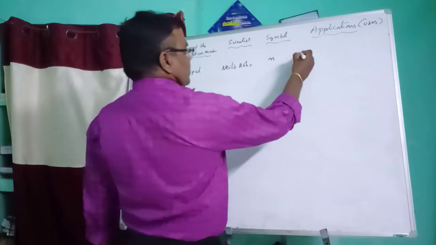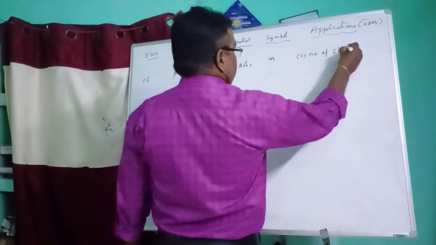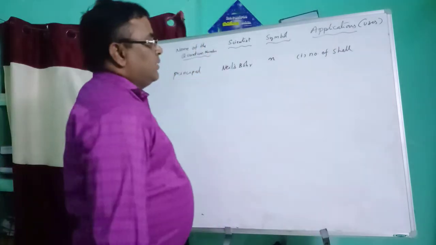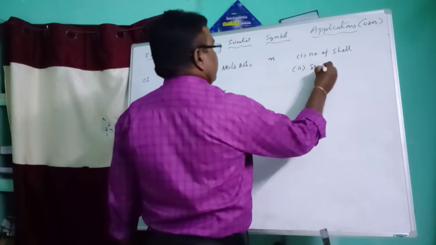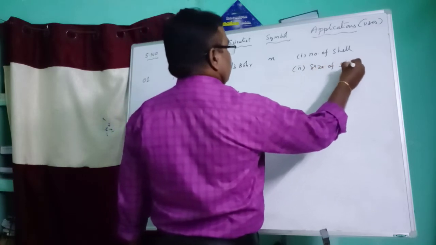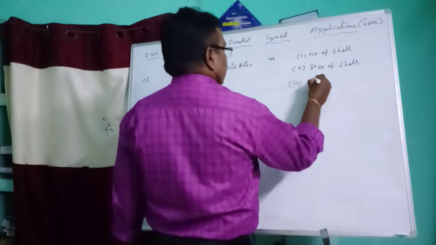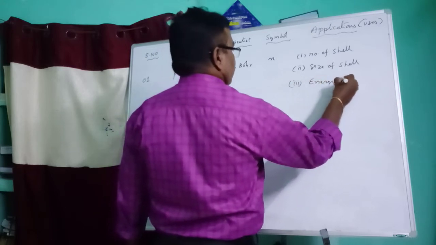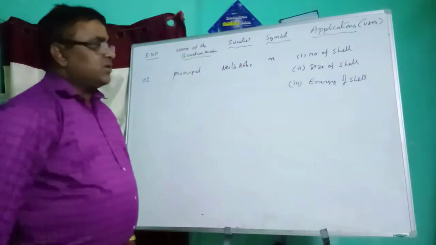First one, it represents the number of shell or orbit. Second one, size of shell. Third one, energy of shell. Shell is also known as orbit.